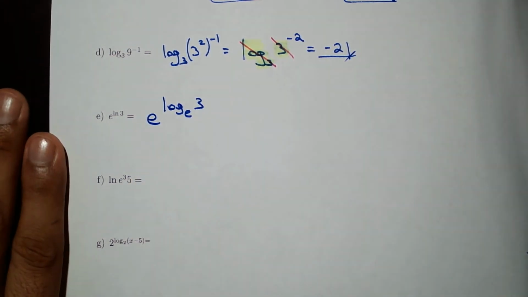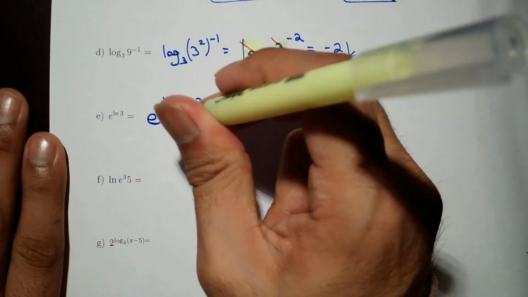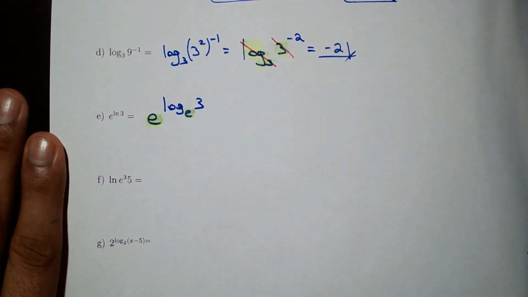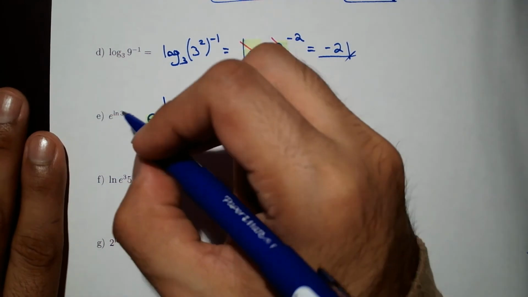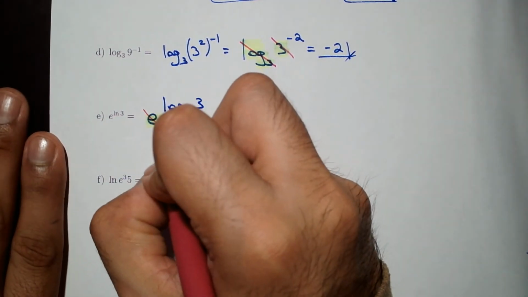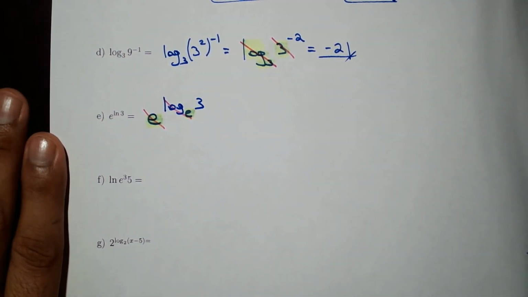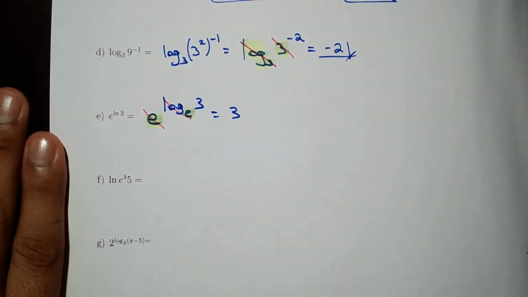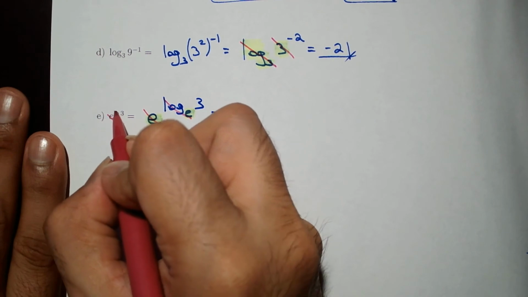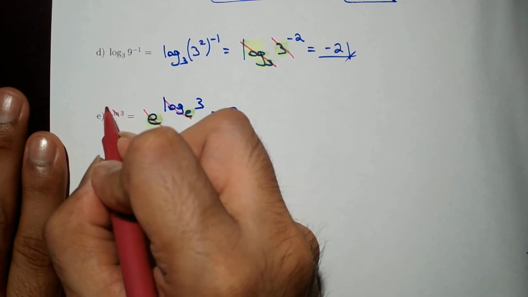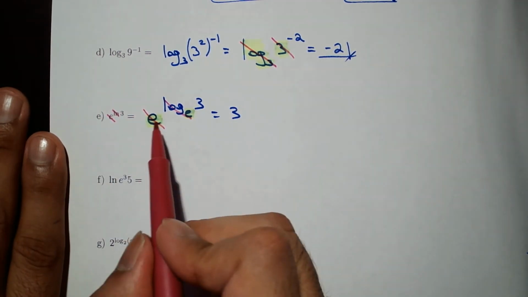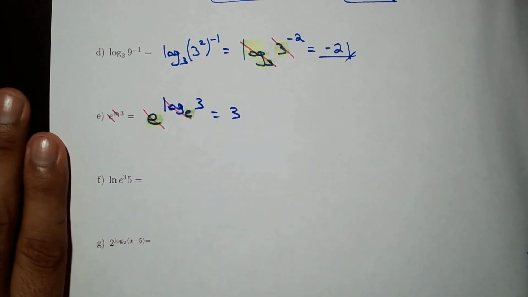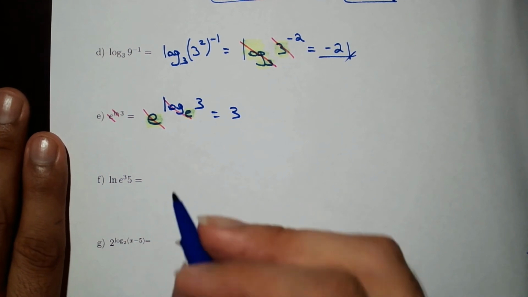Notice how the base of the log matches the base of the exponential, so we're good to go and cancel this log and this e, and this is 3. This is what we are going to be doing for the rest of the chapter, but I did this only once so you can see why these two can be just canceled like that.